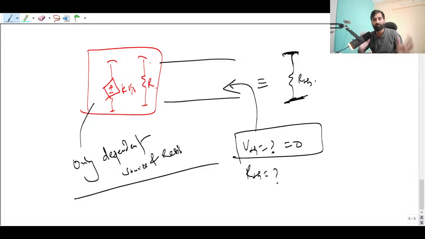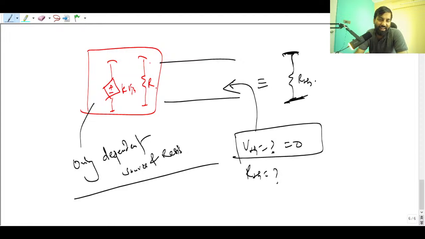ठीक है, तो जब भी question आएगा and if you have to find VTH, please make the observation, in that network from where you are looking back into the network, आपको ये देखना है कि whether that circuit contains independent sources or not, right? ये चीज आपको कोई नहीं बताने वाला है, ये आपको खुद सोचना है, right?